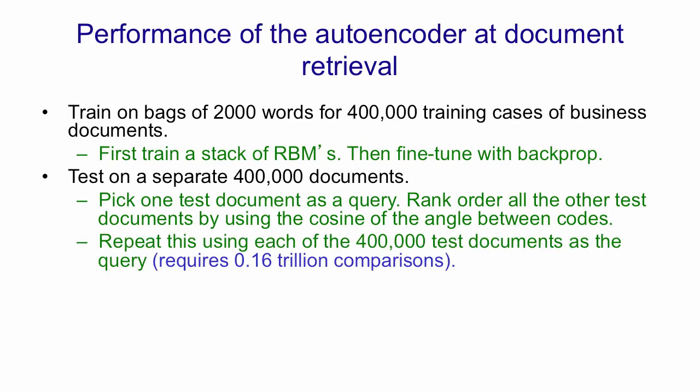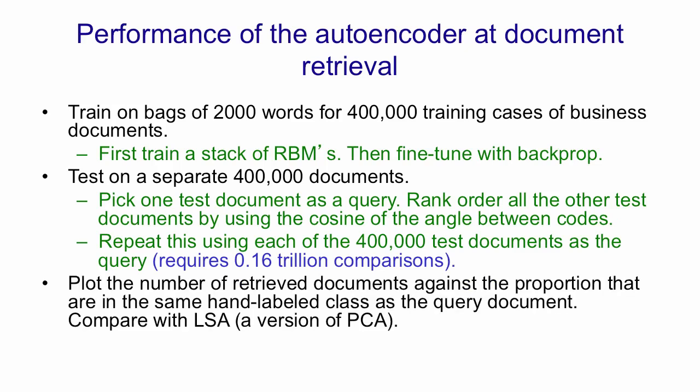You repeat this for each of the 4000 possible test documents, and then you plot the number of documents you're going to retrieve, that is how far down that ranked list you're going to go, against the proportion that are in the same hand-labeled class as the query document. This is not a very good measure of the quality of the retrieval, but we're going to use the same measure for comparing with LSA, and so at least it's a fair comparison.